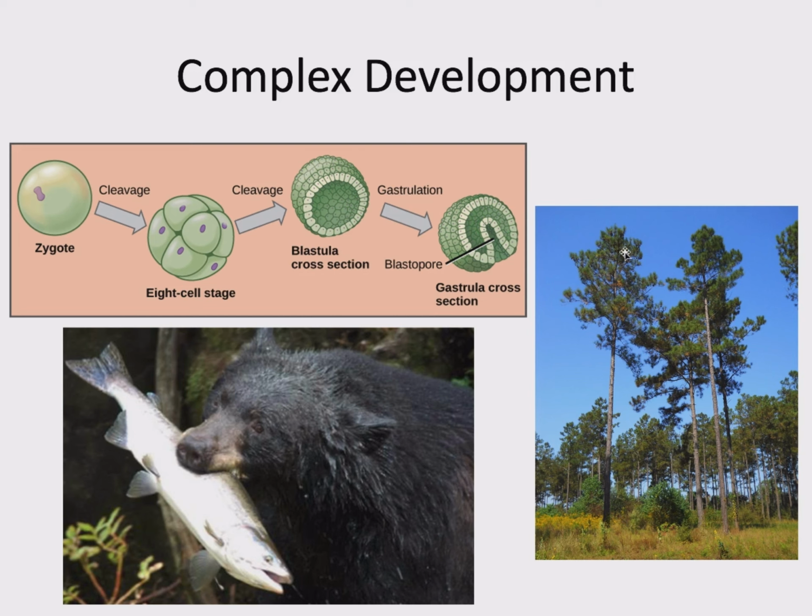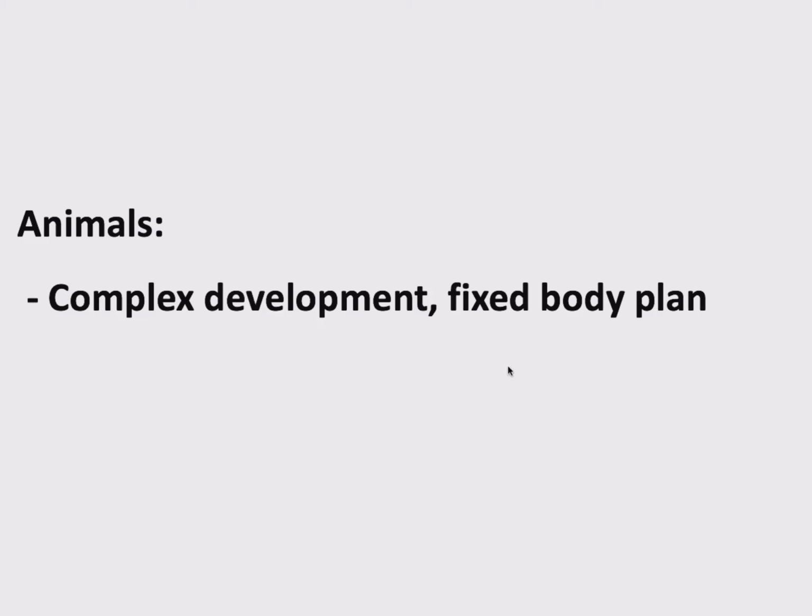And fungi are similar. The body plan that these organisms have is greatly dependent on the environment, but animals, again, in contrast, have a very complex way of always coming out the same way, instead of, it's got a random number of branches from individual to individual because they're in different environments. So that's what I mean by complex development, fixed body plan.